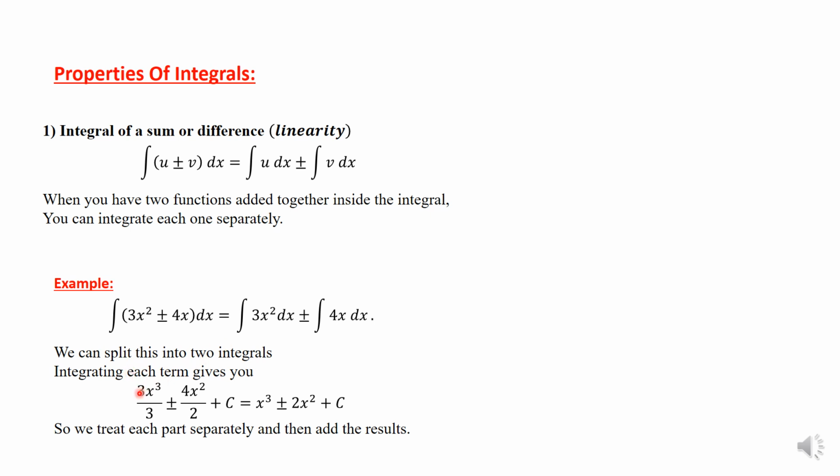This will give you 3x cubed over 3, which is the integral of 3x power 2, since the integral of x power 2 is x cubed over 3. And the integral of 4x is 4x squared over 2. So this will give you 3x cubed over 3 plus or minus 4x squared over 2. And don't forget to add c. So we treat each part separately and then add the results.